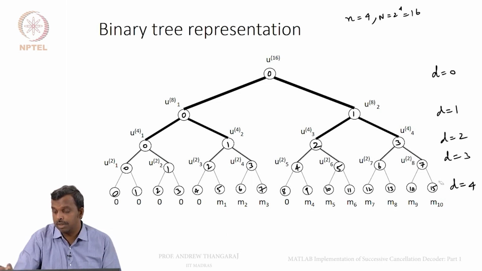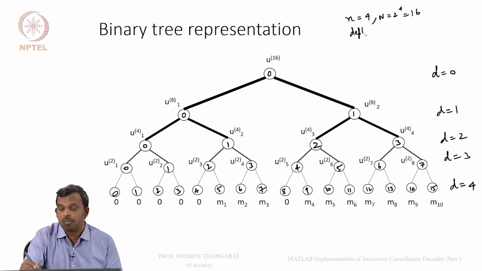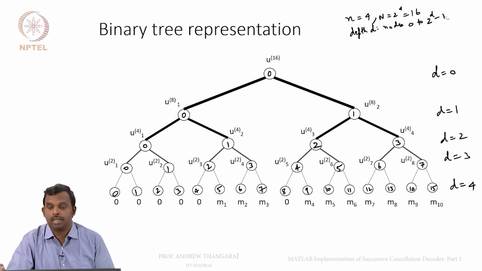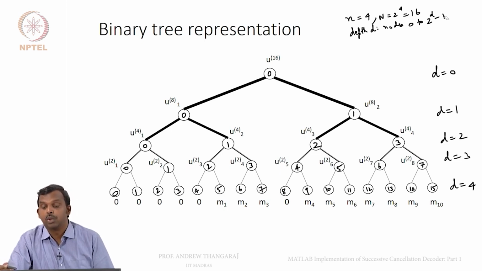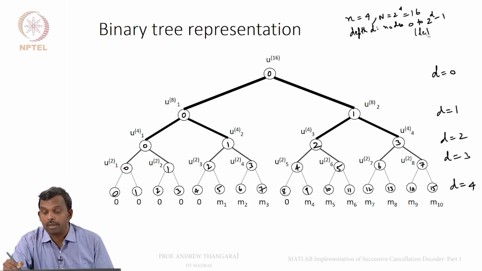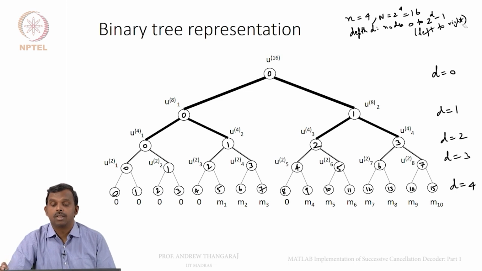So these are the numbers. At any depth d, you have nodes 0 to 2 power d minus 1. It's easy to see; even for d equals 0, this is true. So if you have depth d, you have nodes 0 to 2 power d minus 1 from left to right. That's easy enough.